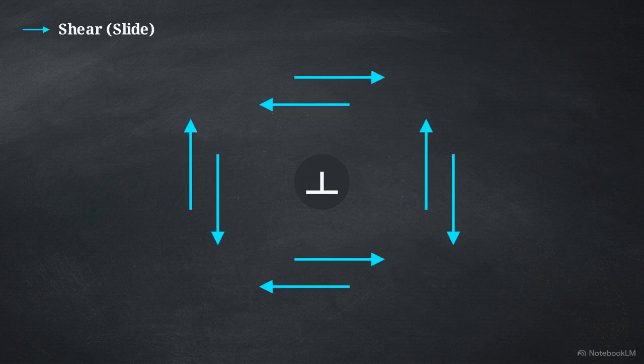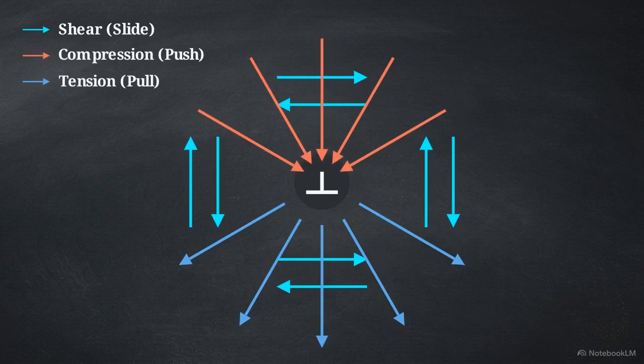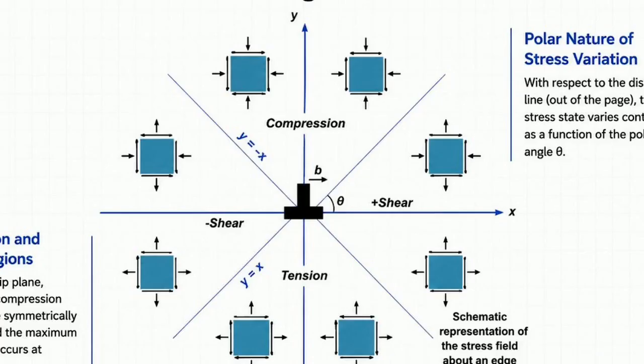Unlike the screw defect, an edge dislocation produces both shear forces and normal dilatational forces, simultaneously pulling and pushing the lattice in multiple directions. This schematic illustrates how that stress state varies continuously depending on the polar angle as you move in a circle around the defect core.